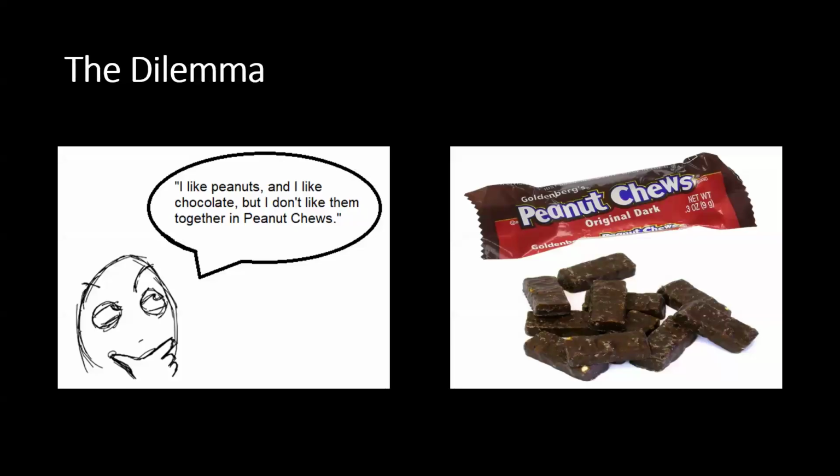So this is how I typically remember an interaction effect in regular, normal terms outside of the statistical nomenclature. The gentleman on the left likes peanuts and he likes chocolate, but he does not like them together in peanut shoes.